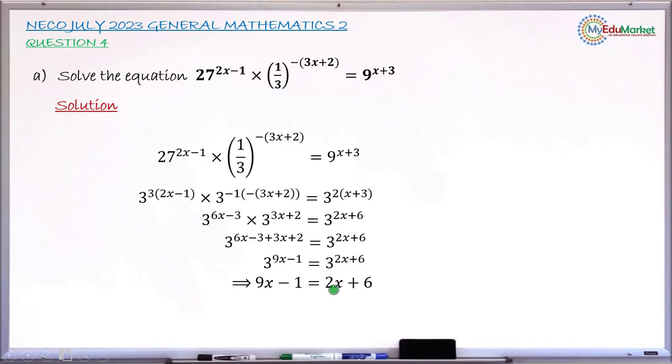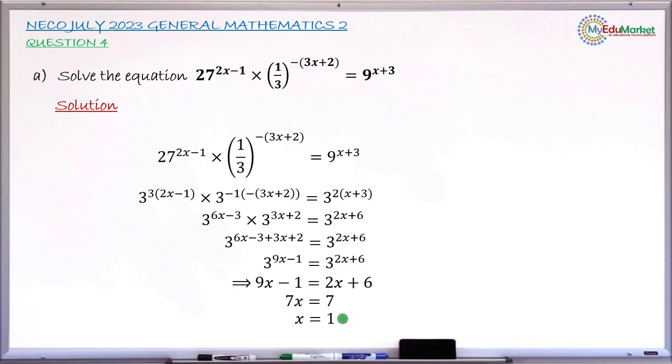Collecting like terms, 2x shifted to the left and minus 1 shifted to the right, that gives 7x equals 7. Dividing both sides by the coefficient of x, which is this 7, you now have x equals 1. So this is the solution to this question. That is, the value of the unknown, x, is equal to 1.